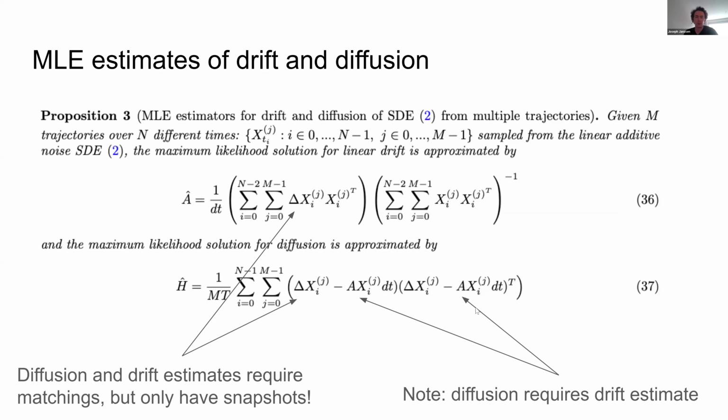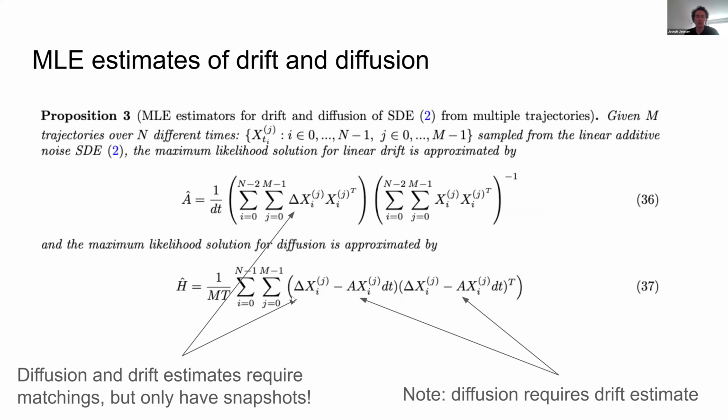The first thing most people do when they're trying to estimate parameters is to calculate the MLE. So we derive the MLE for A and H given these marginal snapshots. But unfortunately, these marginal snapshots aren't enough. There are these delta x_i terms in the maximum likelihood estimator of A and H. So you have to somehow connect different points within two consecutive marginals together to calculate this delta x, and we don't have that in our raw data.